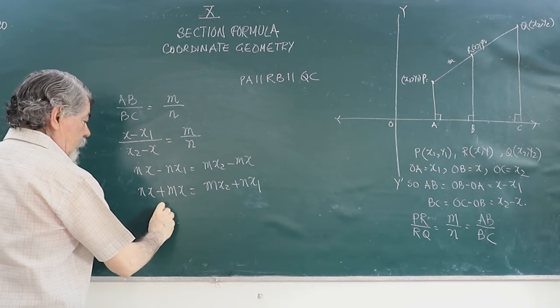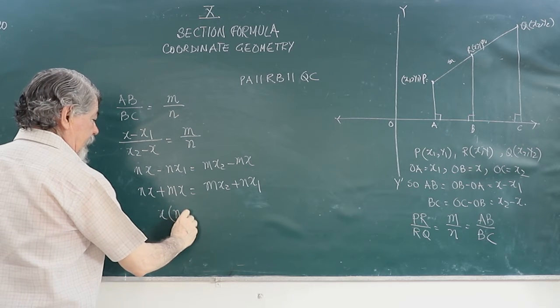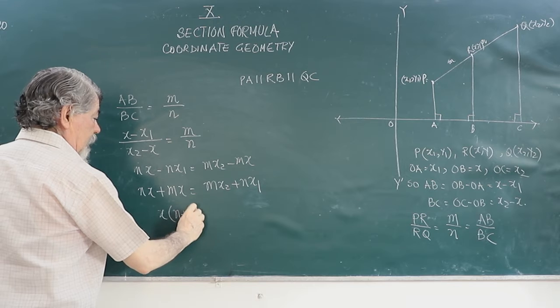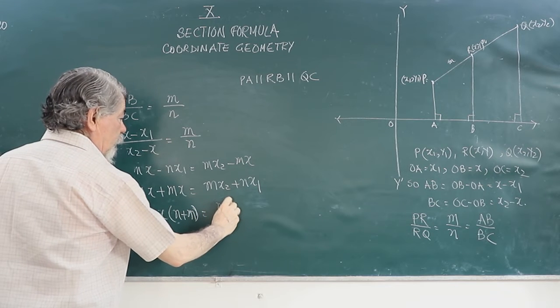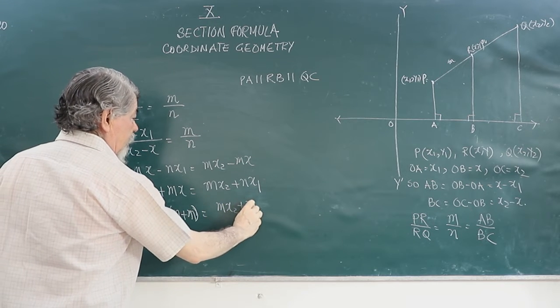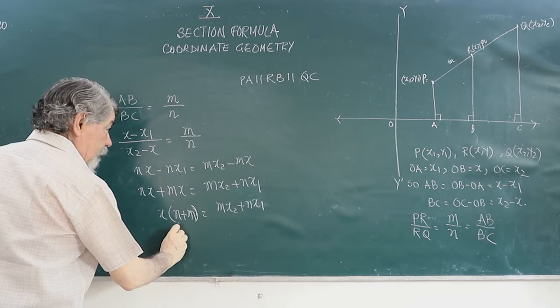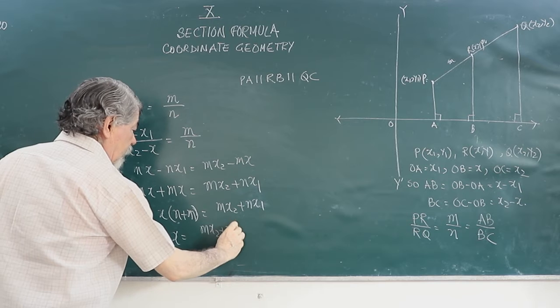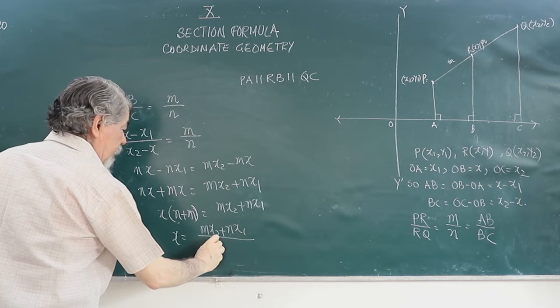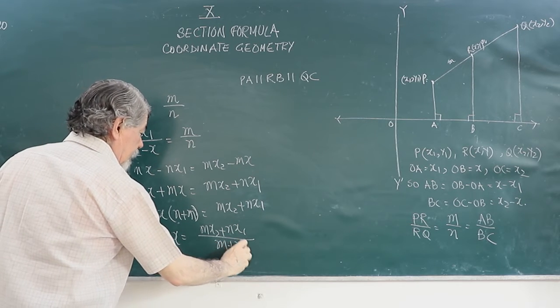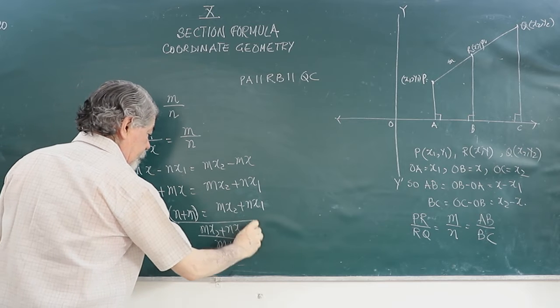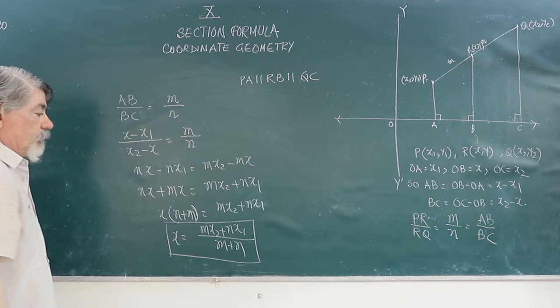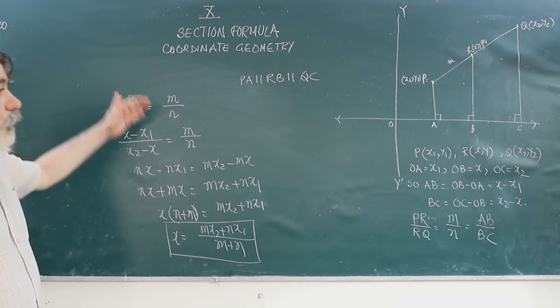If you take x common, it will be (n plus m) x equal to mx2 plus nx1. So x will be equal to (mx2 plus nx1) upon (m plus n). Copy this down, go through this.